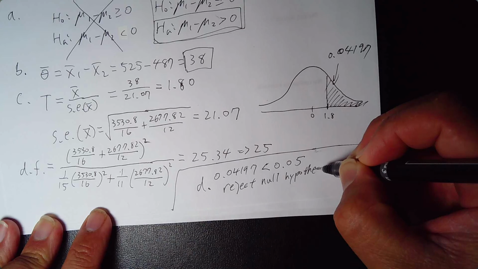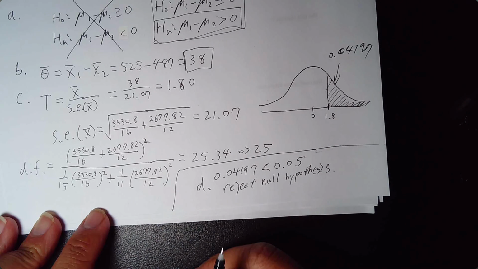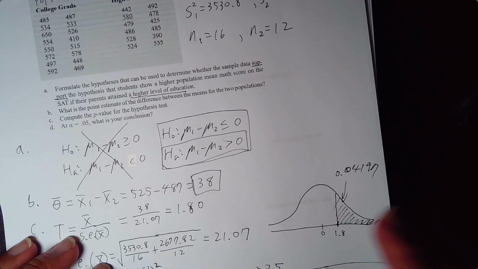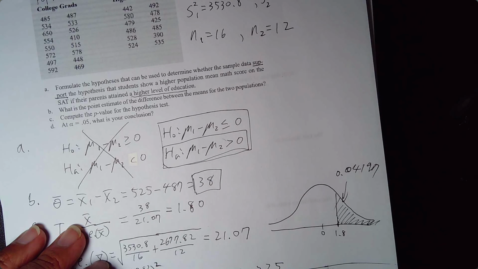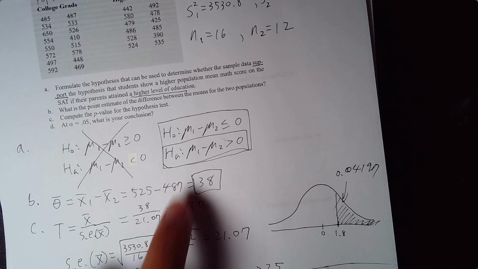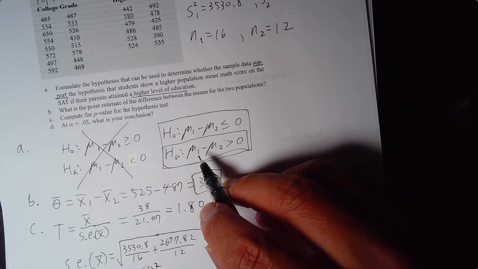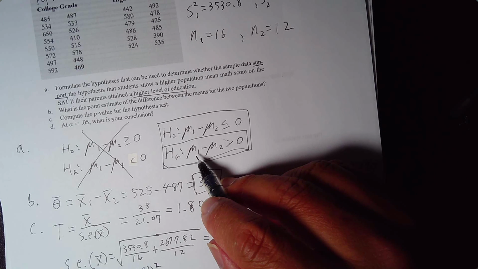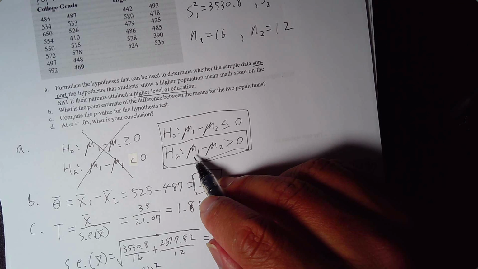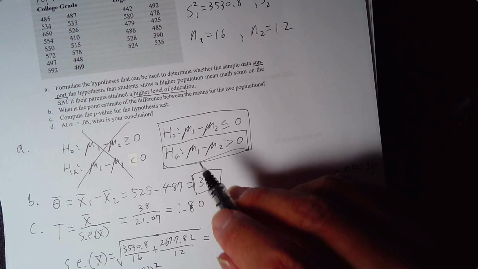And then we can say yes, indeed, there is enough evidence to support the claim that if the parents are college graduates, then the student will have a higher SAT score.